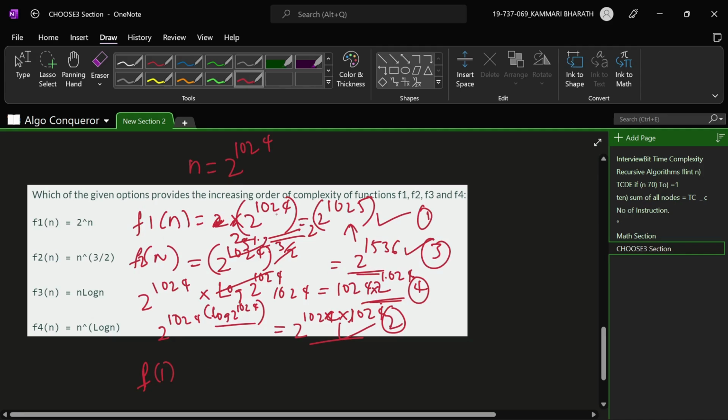We should write them in increasing order, right? So the first one will be f3, then f2, then f4, then f1. f3, f2, f4, f1.